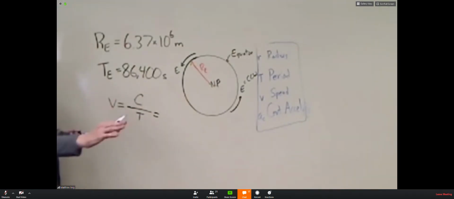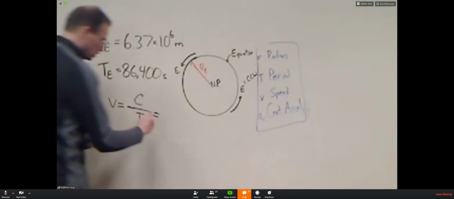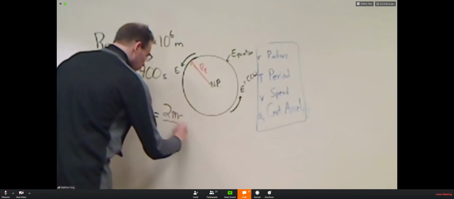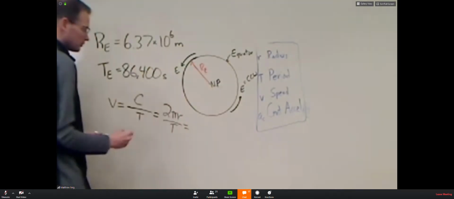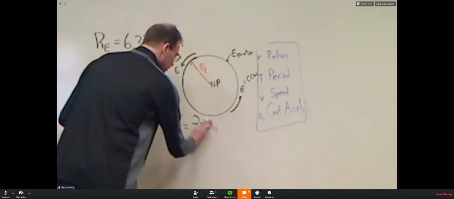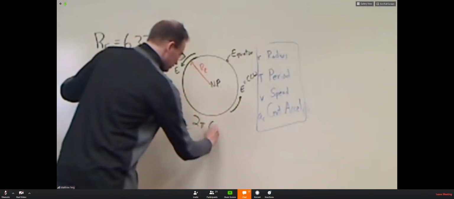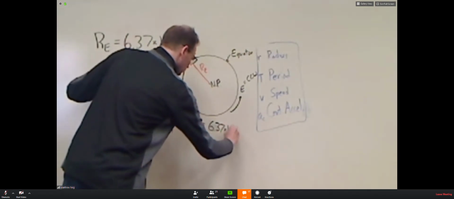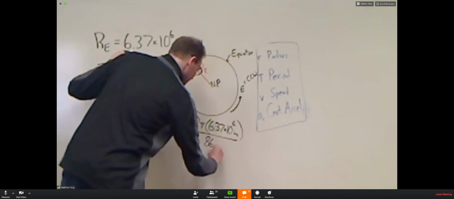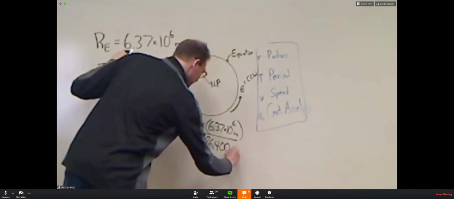Capital T means period, the time for one full cycle of a repetitive motion. So 2 pi r over T, easy enough, 2 pi times 6.37 times 10 to the 6th meters over 86,400 seconds.